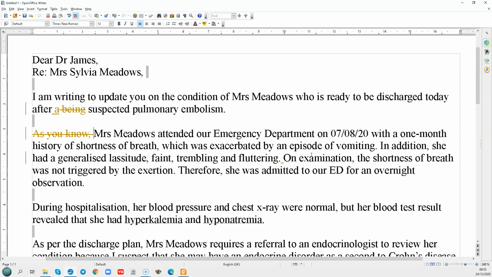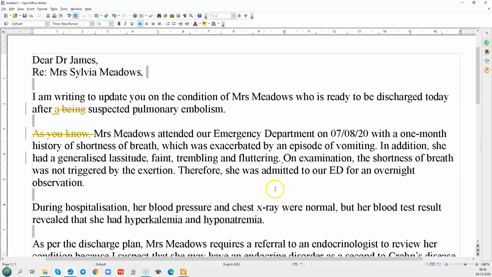With a 1-month history. Now, the shortness of breath, did that last for a month? And exacerbated by an episode of vomiting. So when did that episode of vomiting occur?